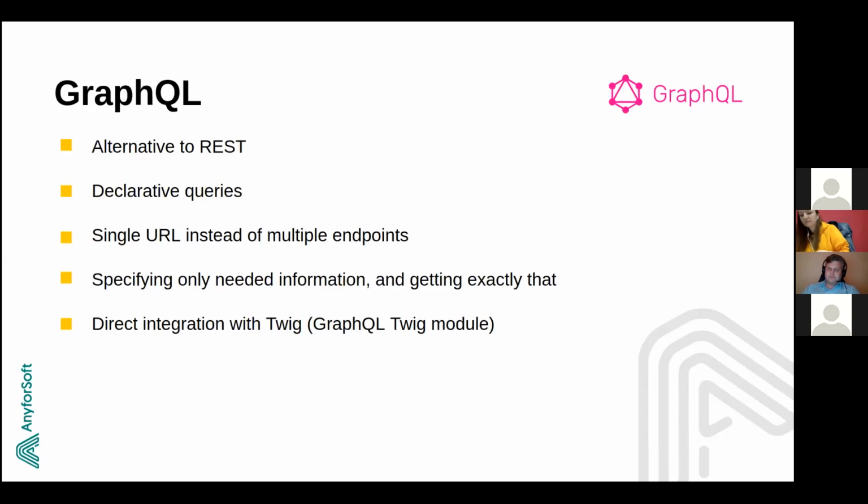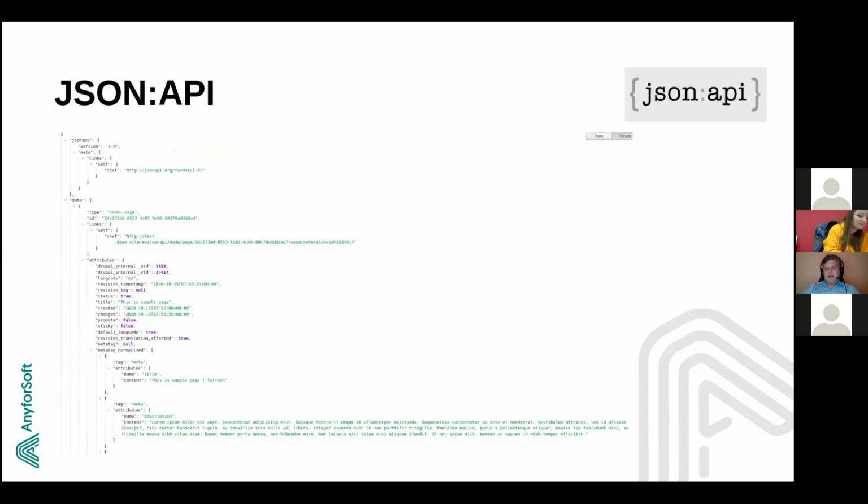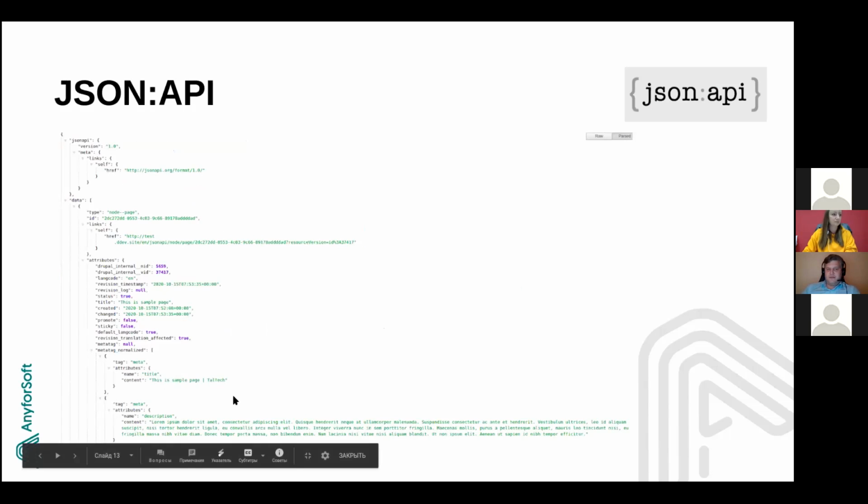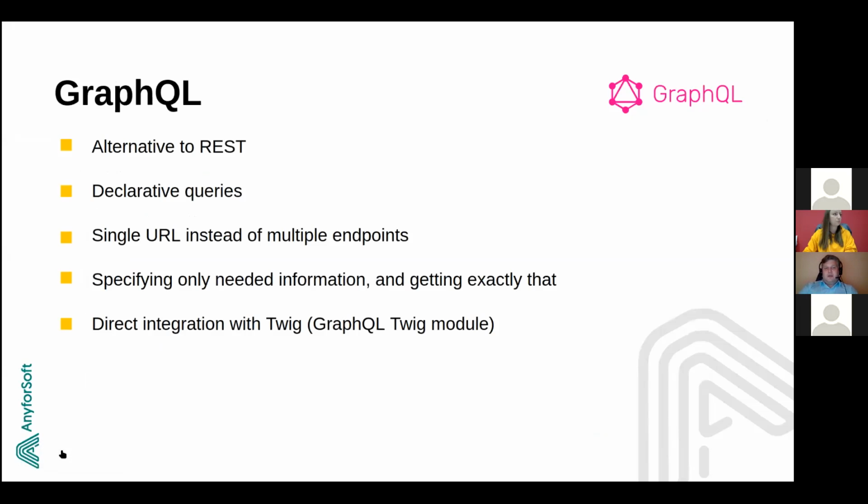For example, if we switch to the screen, we will see that this default output returns a lot of information which could be not needed for some purposes. But for GraphQL, we can set up what we actually need in the output, and we can query only the necessary parts, in comparison to JSON API.